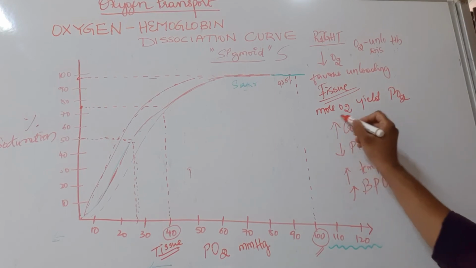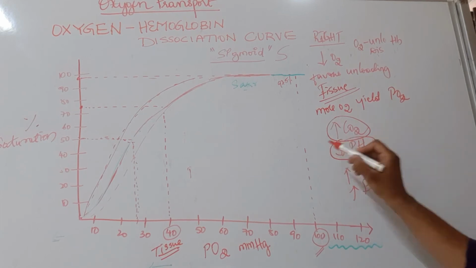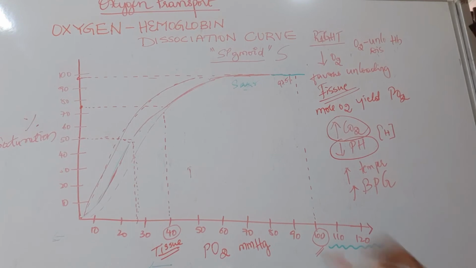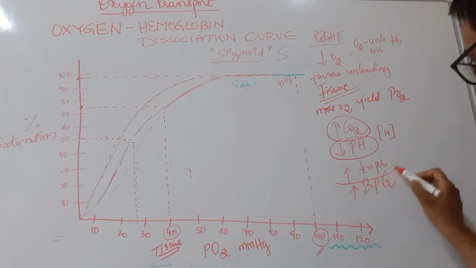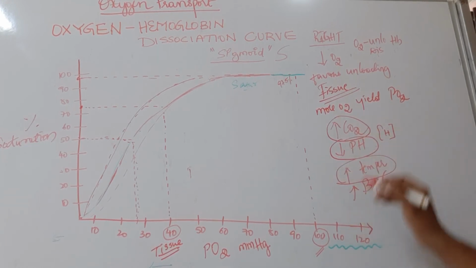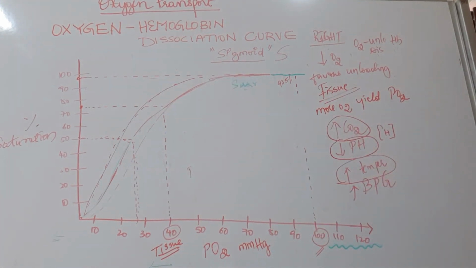During tissue metabolism, there is increased production of carbon dioxide. There is increased production of hydrogen ions during the metabolic activity, which causes the decrease in the pH. The metabolism causes an increase in the temperature. All this is seen at the tissue level, which causes the curve to shift to the right.